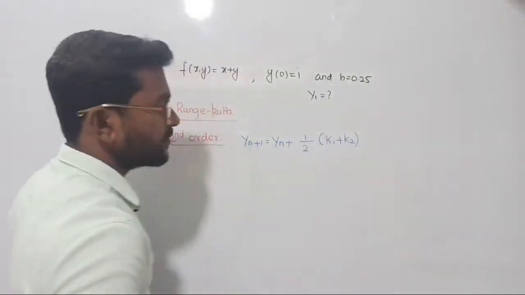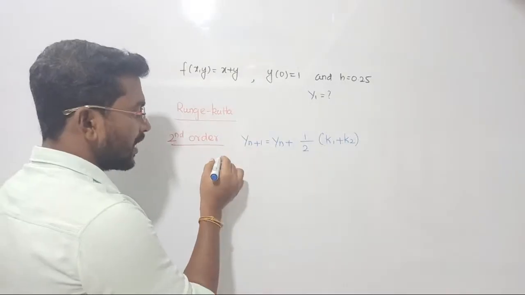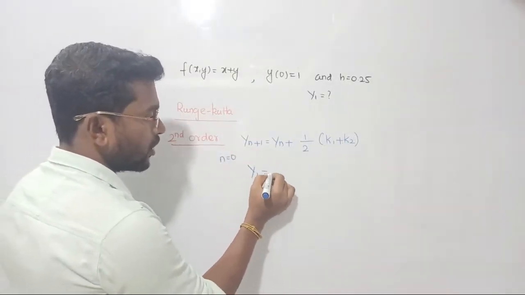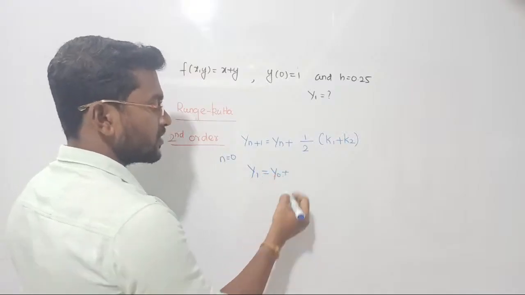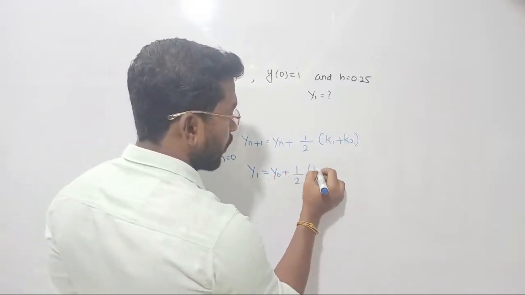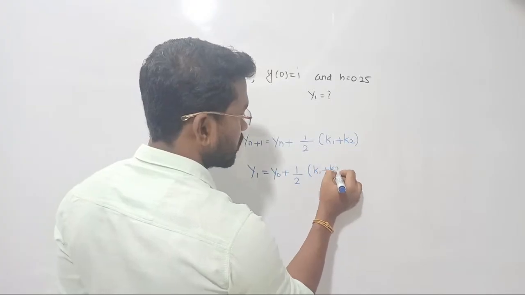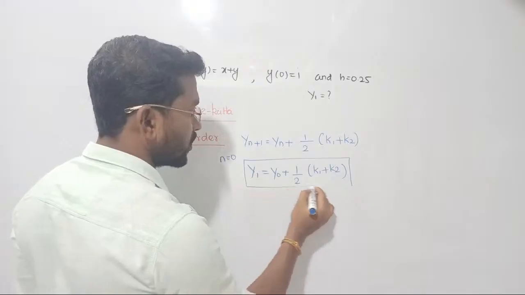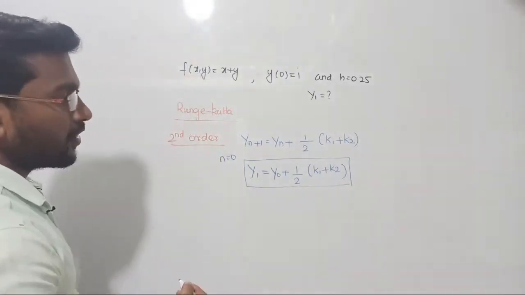For y1, I replace n equal to 0, so 0 plus 1 becomes y1 is equal to y0 plus 1 upon 2 times k1 plus k2. That is the solution. Now our target: y0 is known but k1 and k2 are not known, so you have to find the values of k1 and k2.